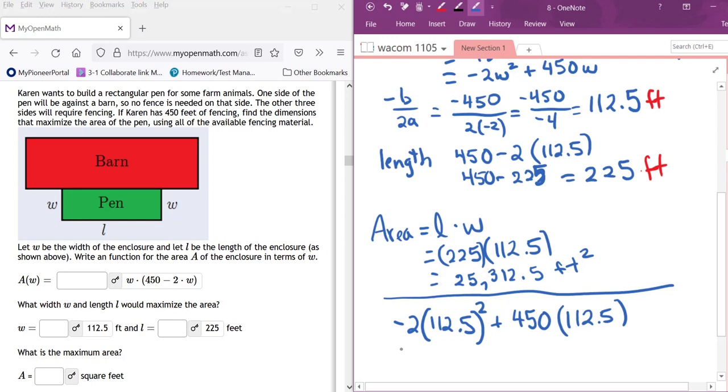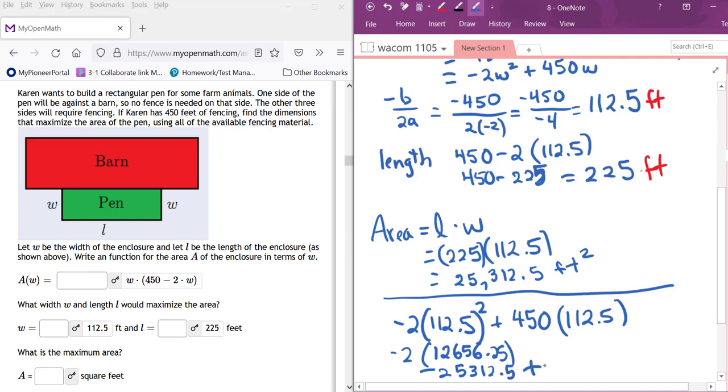So this one gives us 12,656.25, and then we're going to do times negative 2. So I squared this one, which gives us negative 25,312.5.